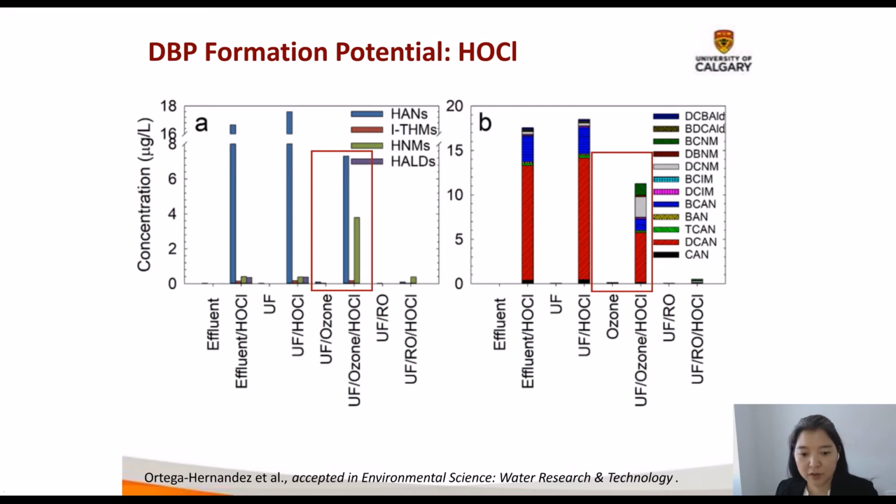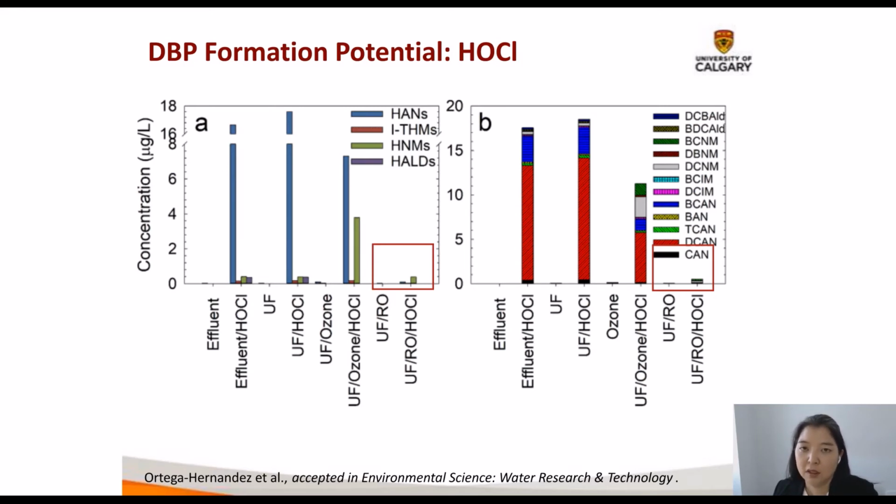And then for the last sample, the UF-RO treated sample, we do see a formation of halonitromethanes. We first observe a significant reduction of overall disinfection byproducts. And we believe that this is due to the removal of the organic carbon content by RO. It removes about 85%.